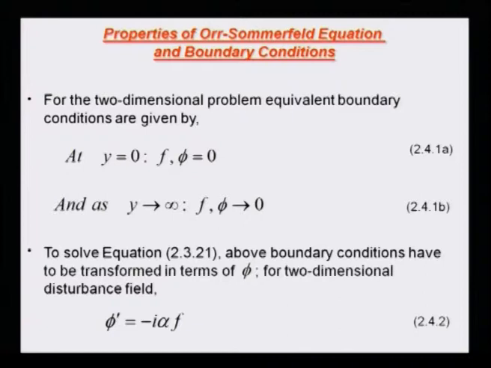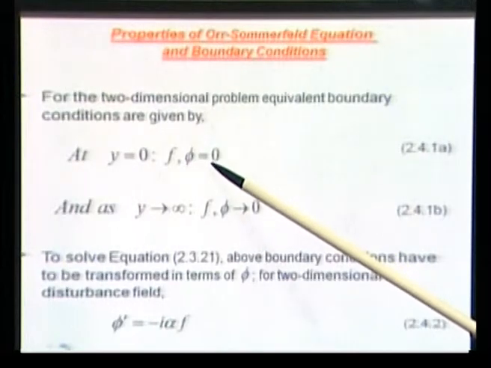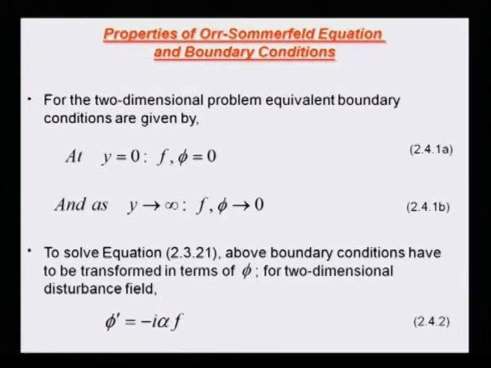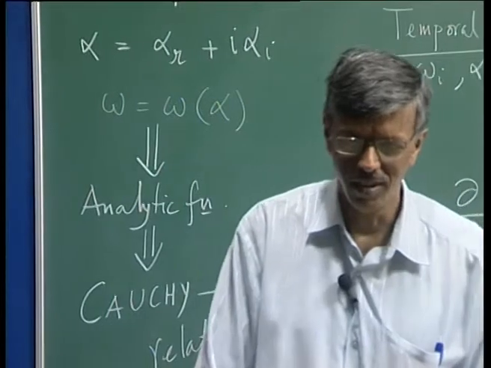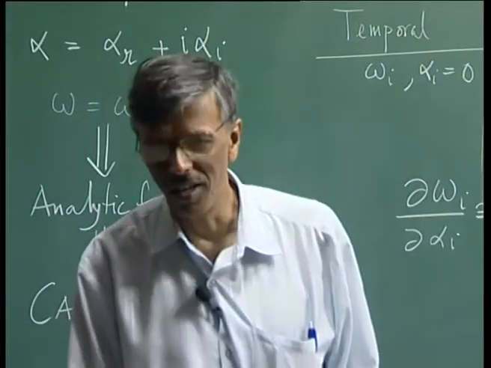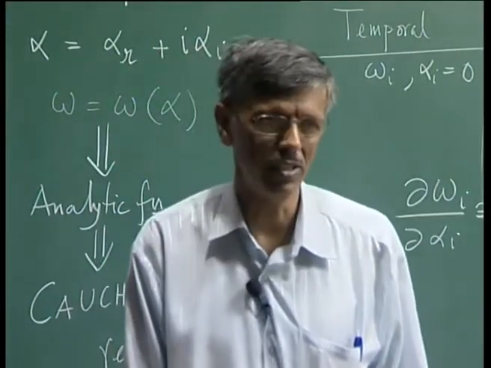However, unfortunately, that is how all of you have been taught about this so-called eigenvalue problem, that you take a homogeneous equation and you force a homogeneous boundary condition. That is what we are doing here. But I will show you the connection between a trivial and non-trivial boundary condition.